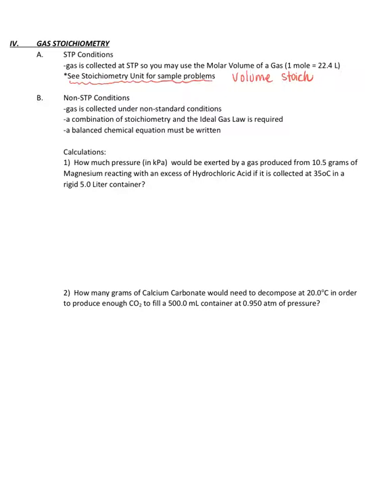And so when that happens, you have to use a combination of stoichiometry and the ideal gas law. And then you also must realize that you're going to have to write a balanced chemical equation. Why? Because you're going to need to use your mole ratio for your stoichiometry.